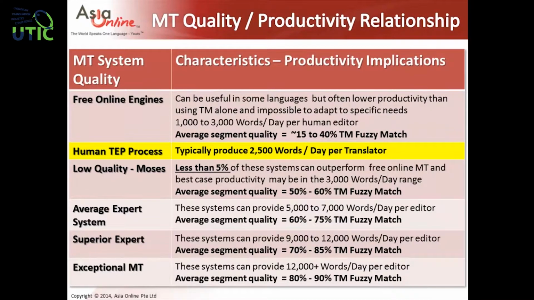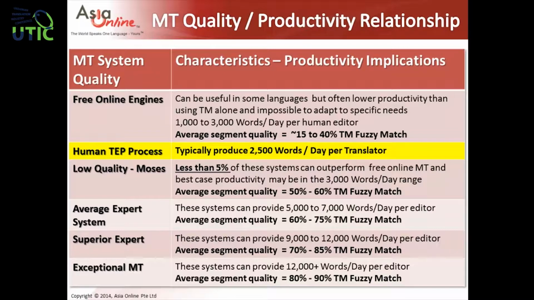So it's useful now to take a look at what the impact of the MT quality is to overall productivity. If you look at a free online engine, these are very rough comparisons I've made, but it gives you some perspective on what we're dealing with in terms of relative quality.